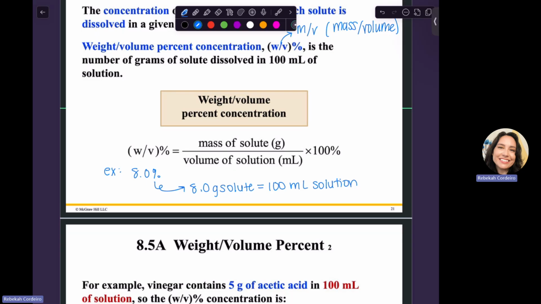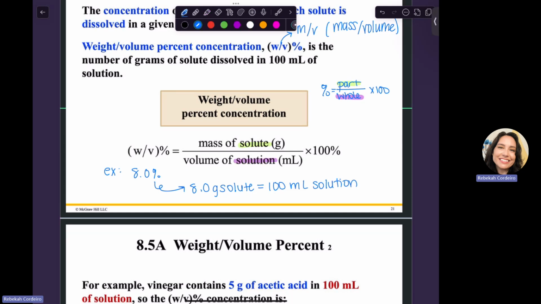And just as a recall of what percent is, all percents are part over the whole times 100. It just so happens that the part of the solution we're interested in is the solute. So the part is the solute and the whole is the solution, right?